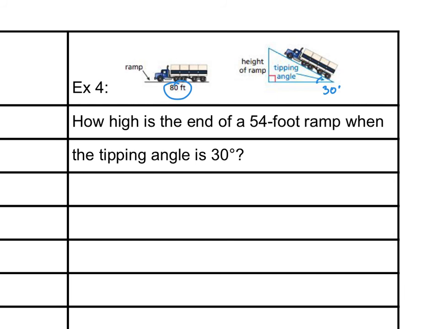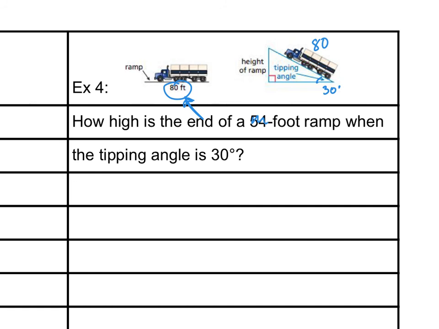So I don't know what this 54 is. So we're going to say that this is 80 because it can't be 54. It says it's 80 right here. Okay. So it doesn't matter.